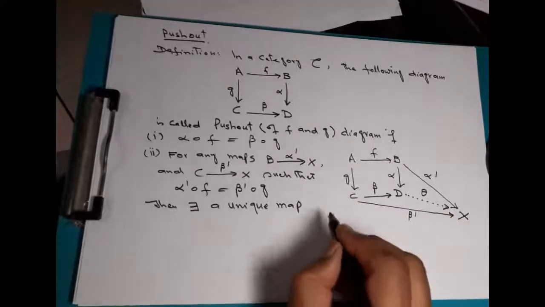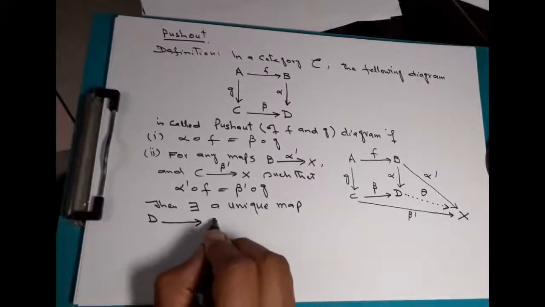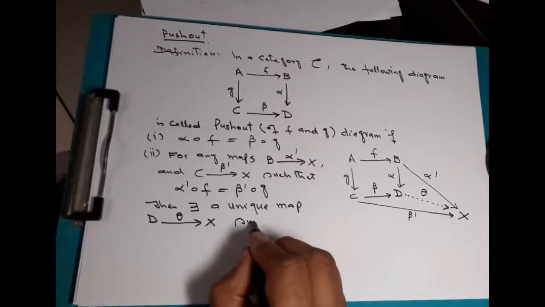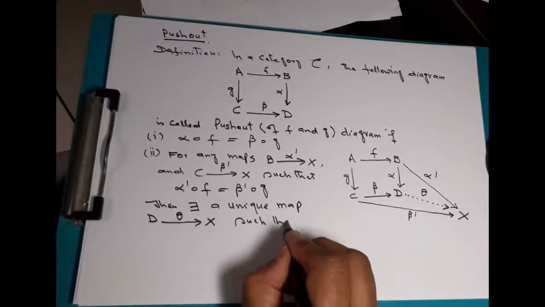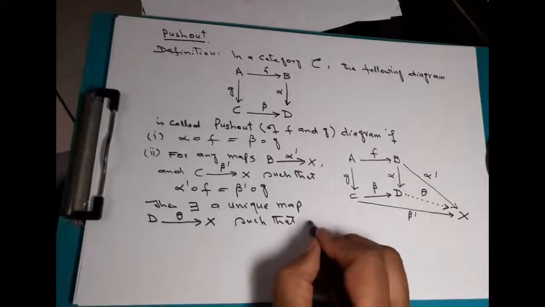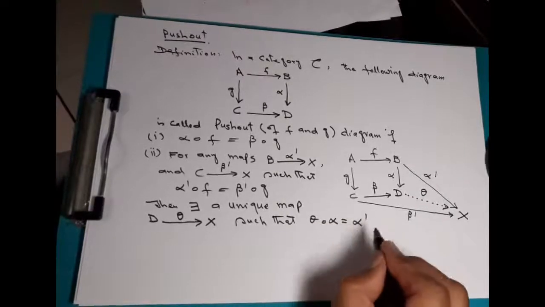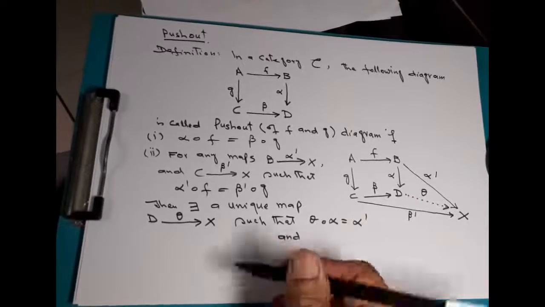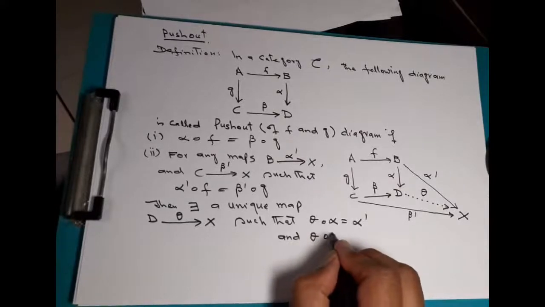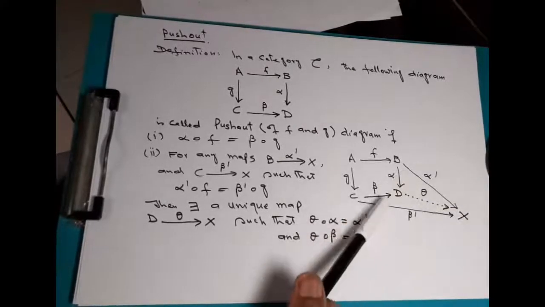Then there exists a unique map from D to X, let's denote it by theta, such that theta composed with alpha is equal to alpha dash, and theta composed with beta is equal to beta dash. That is, this particular diagram commutes.